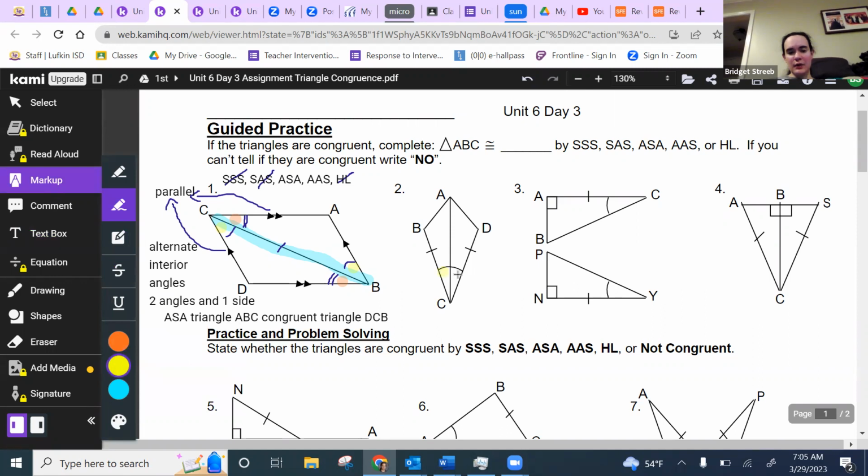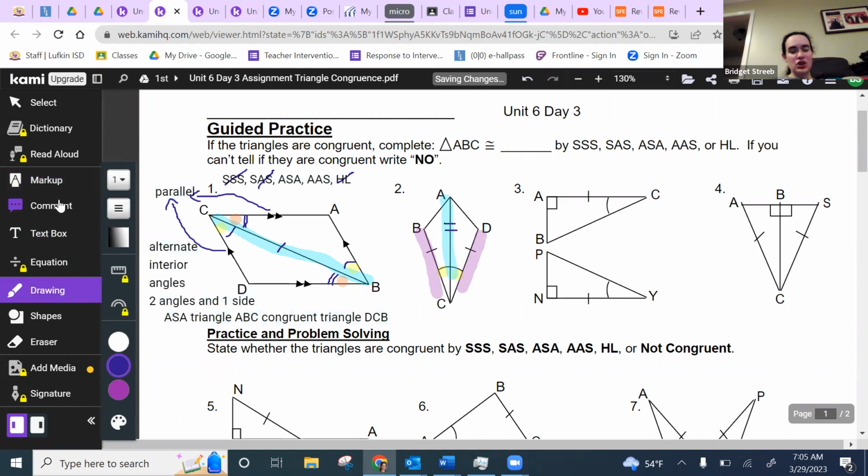Our next one, we have one set of angles marked as congruent, and one set of sides marked as congruent. Remember that we need to mark that middle segment. So that means we have two sides and one angle.